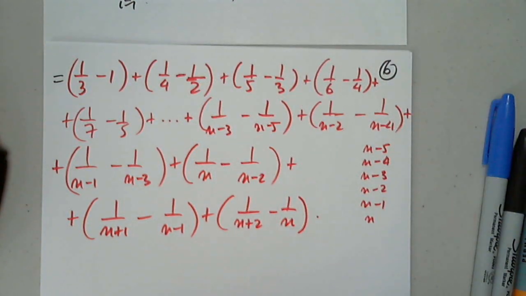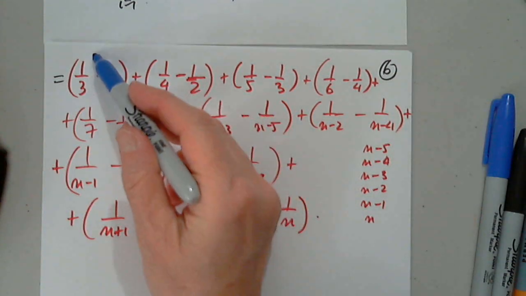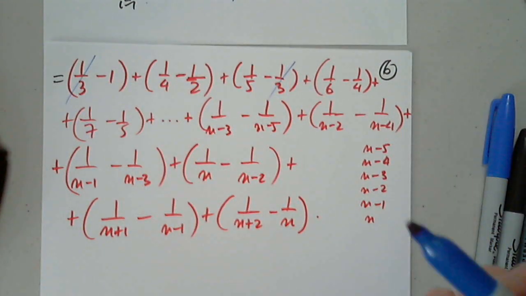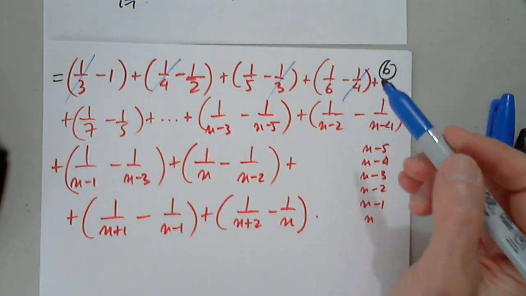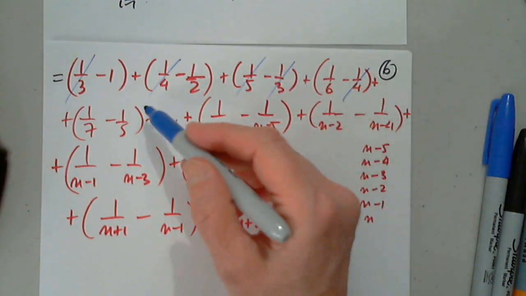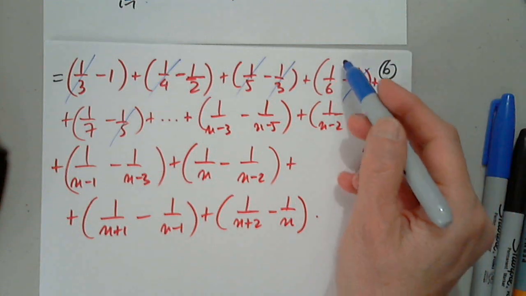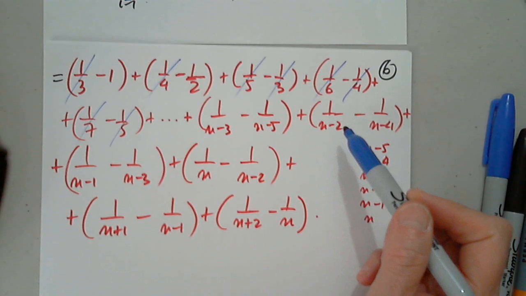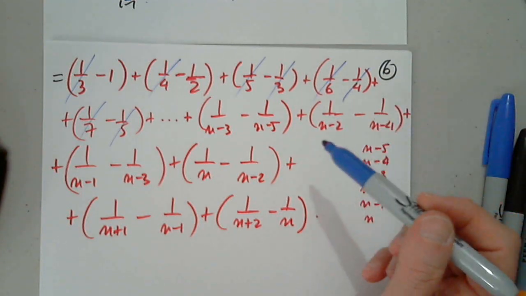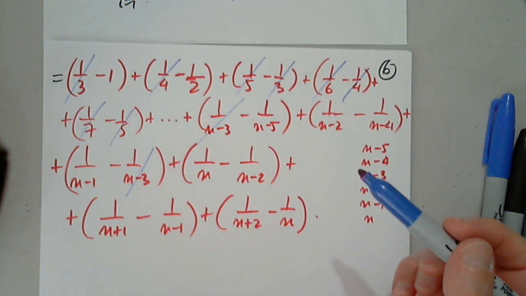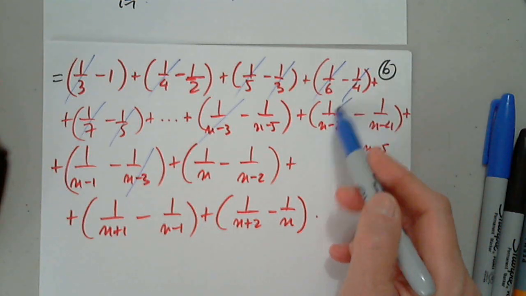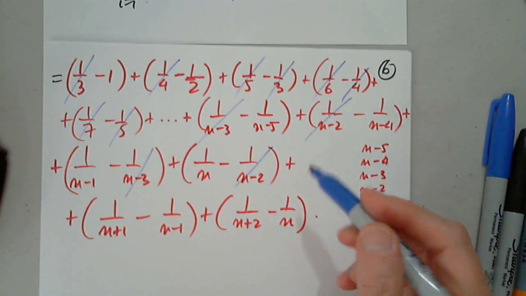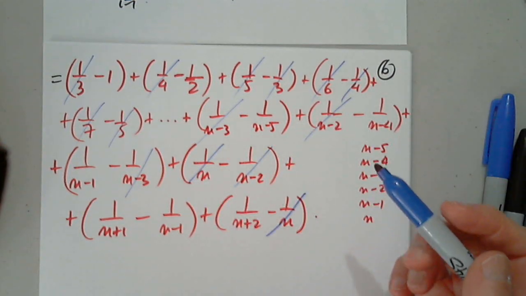We stop. Now let's take a look carefully and see what goes away. We see the 1/3 with a negative 1/3 will go away. The 1/4 with a negative 1/4 will go away. The 1/5 with a negative 1/5 will go away.